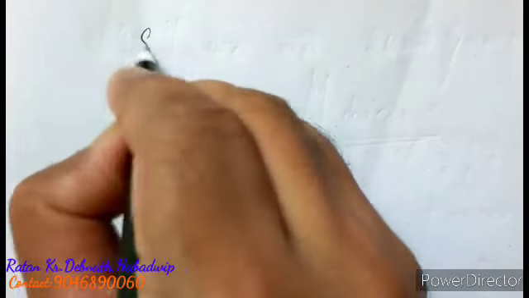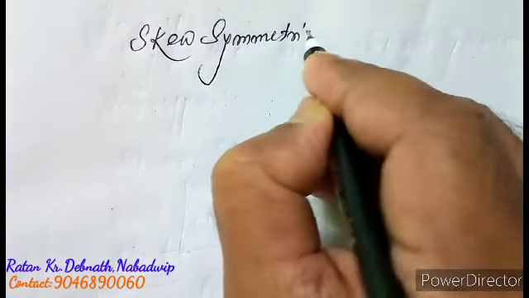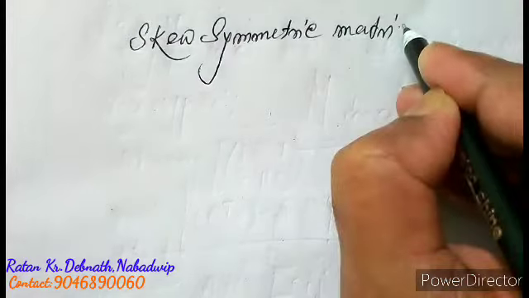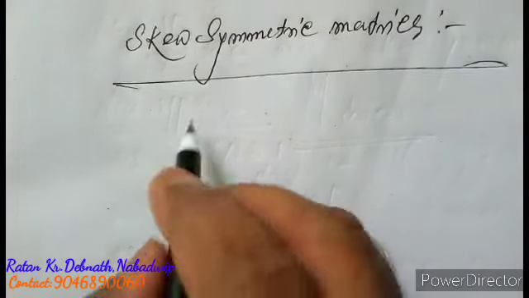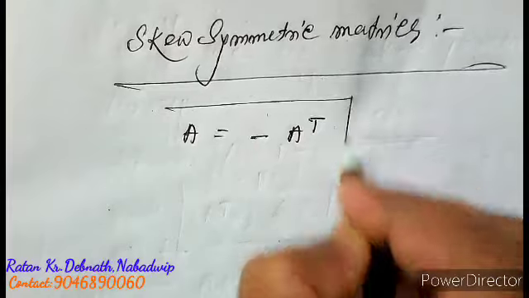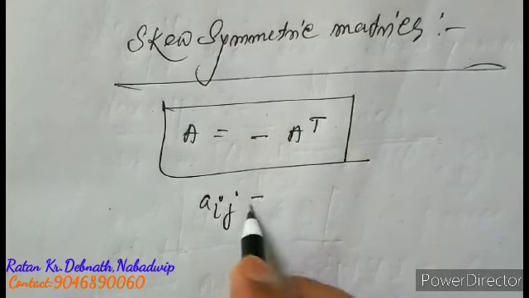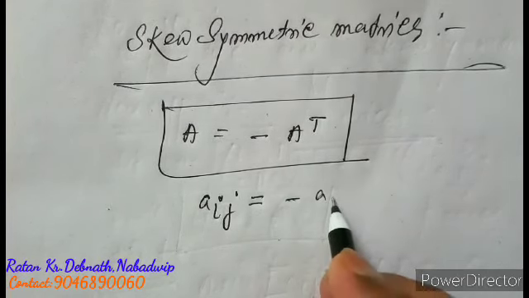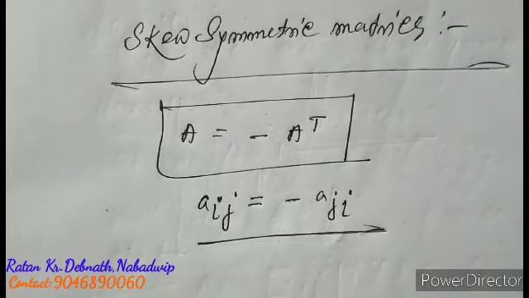Skew symmetric matrix. In a square matrix, when A equal to minus of A transpose, that is Aij equal to minus of Aji for all possible values of i and j, then we call it skew symmetric matrix.